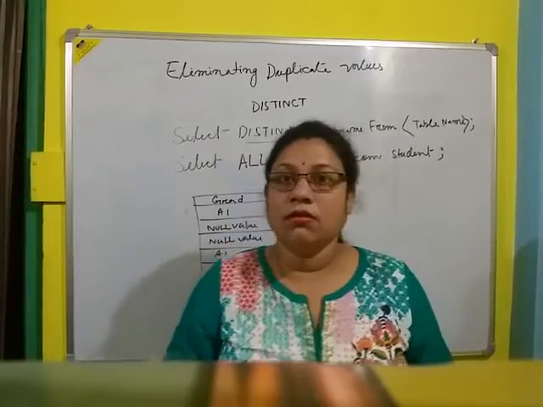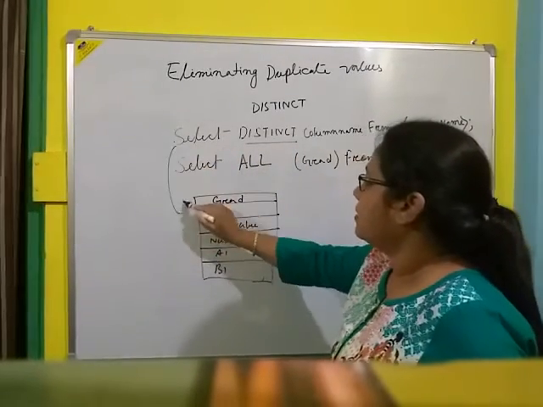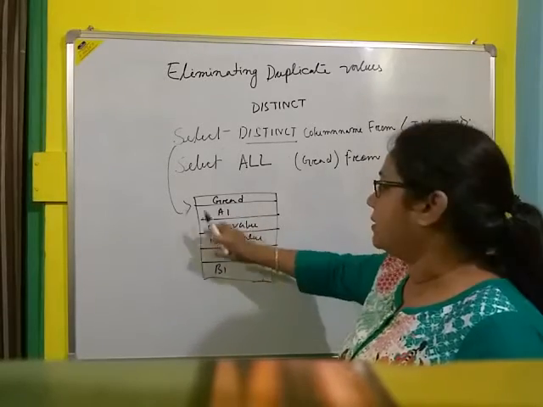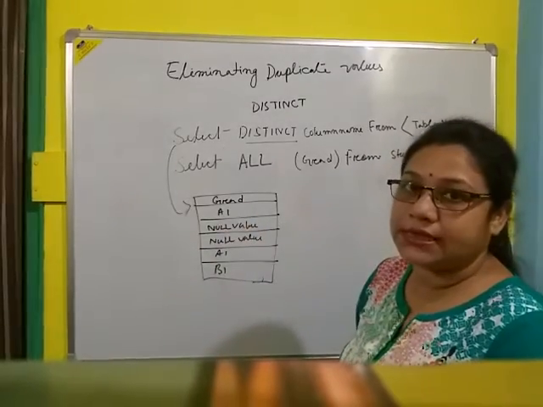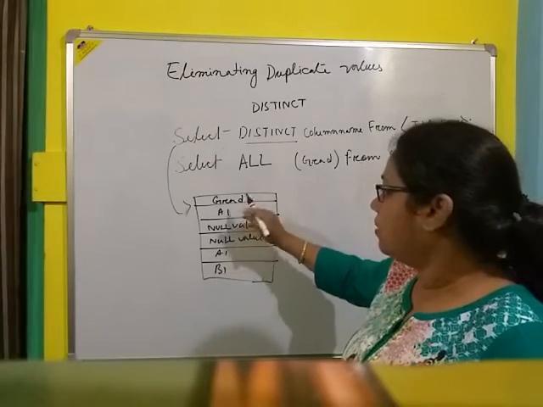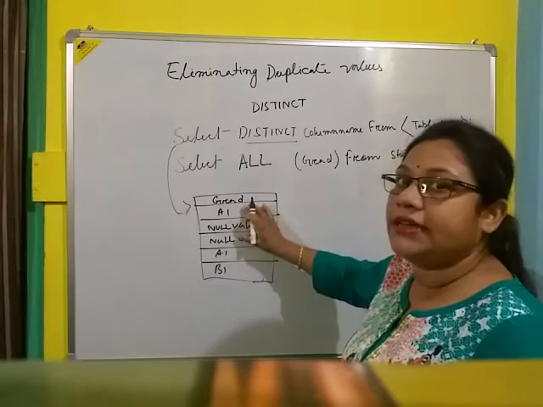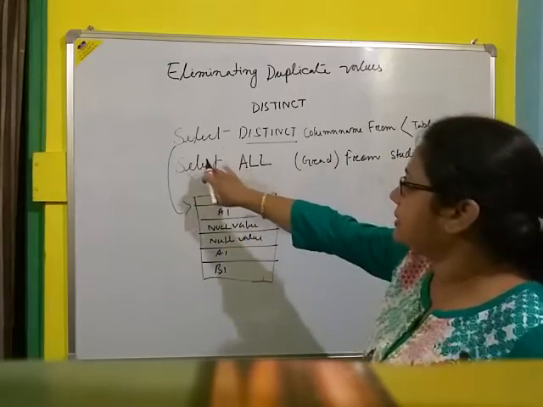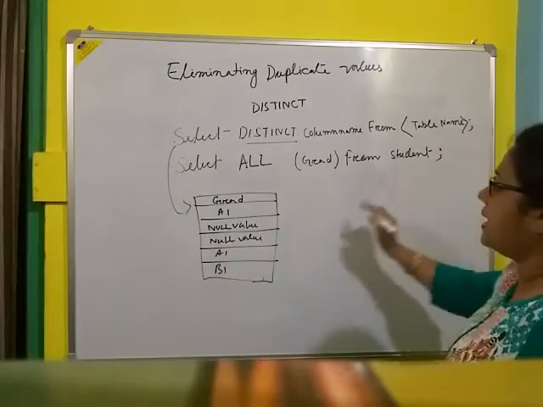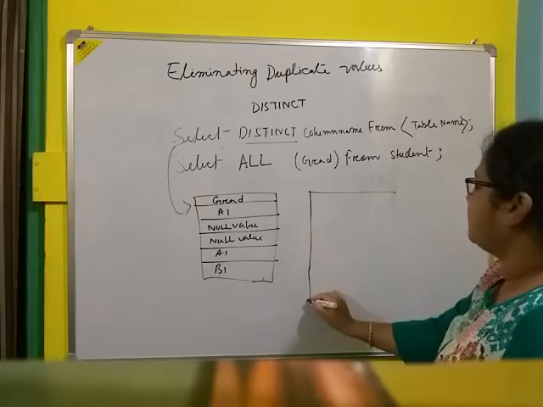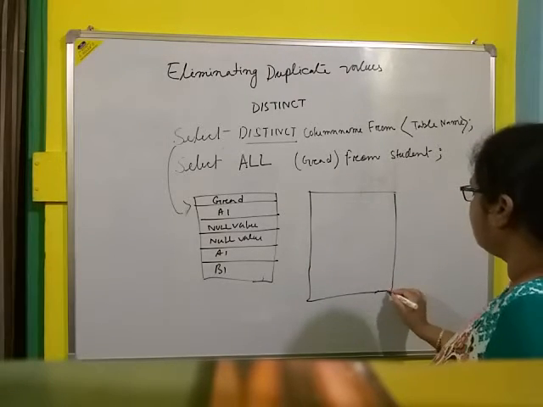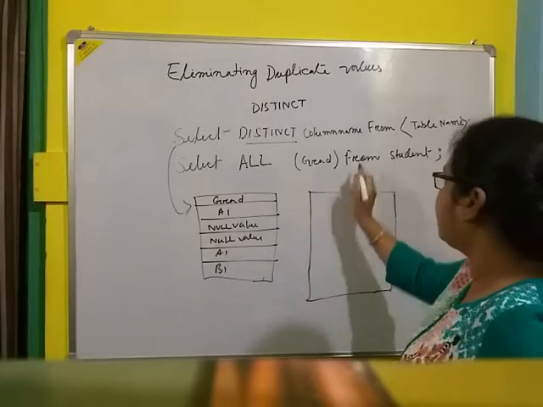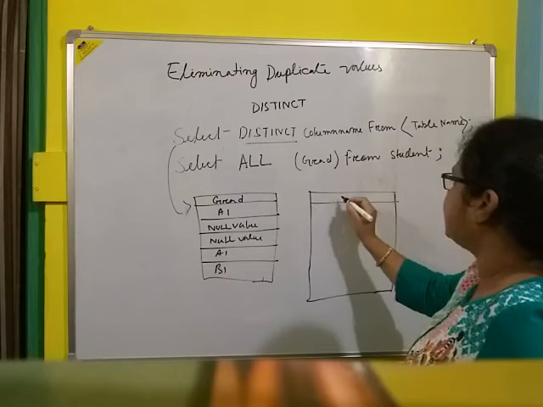When you write this statement, the computer will display these data values on the computer screen, which do not include any duplicate values. But if you write select all grade from student, you can notice all the values that are present in the particular column, that is grade.